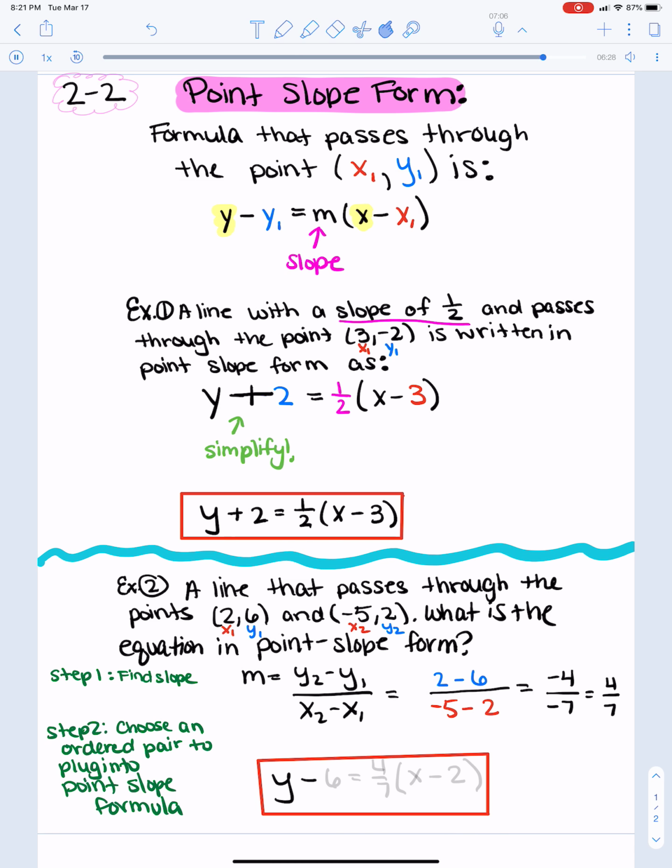Now I can either choose 2, 6, or I can choose negative 5, 2. It doesn't matter which coordinate you pick, you just have to pick one. I'm going to use 2, 6 because we like using things with all positives. So it's y minus my y1. Well, my y1 is 6 equals m, that's my slope. Slope is 4 over 7, parentheses, x minus my x1, which is 2. And that's it.